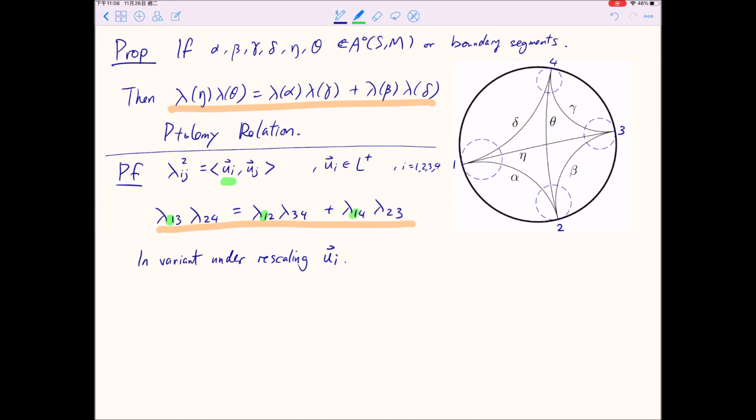So the relation does not change. So if we can rescale all the ui, then we can rescale in such a way that they all have the same height on the positive light cone.